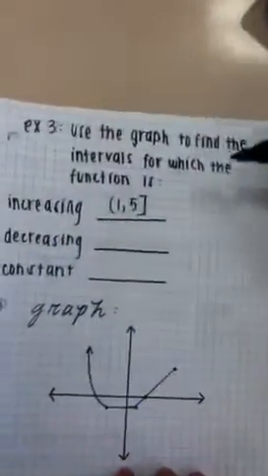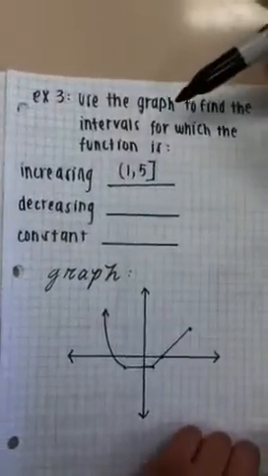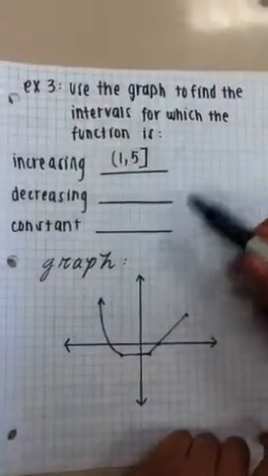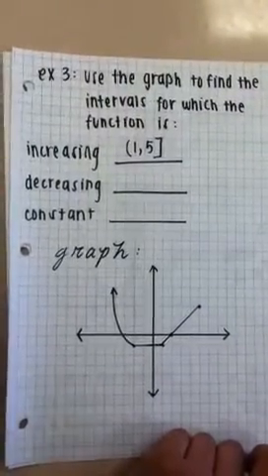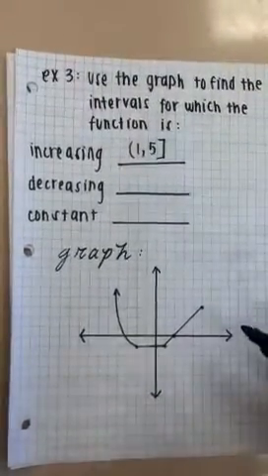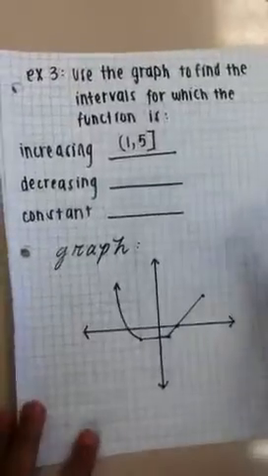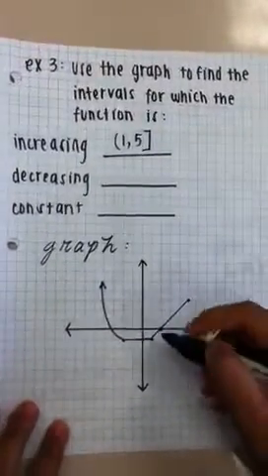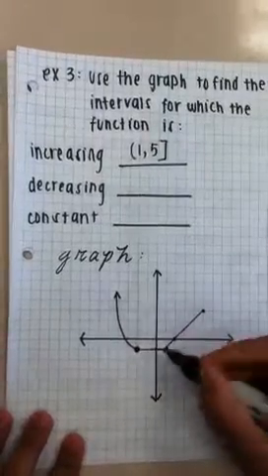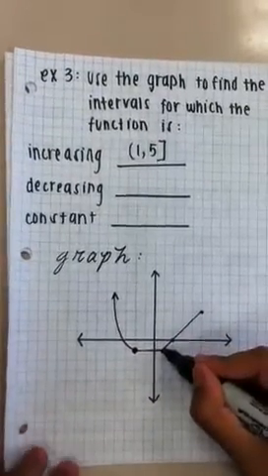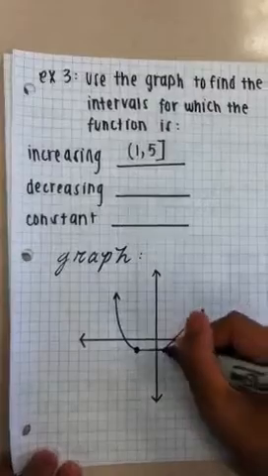Let's look at example 3. So we're going to use the graph to find the increasing, decreasing, and constant intervals of this function. Since these lines share points, this point has to be an open point.